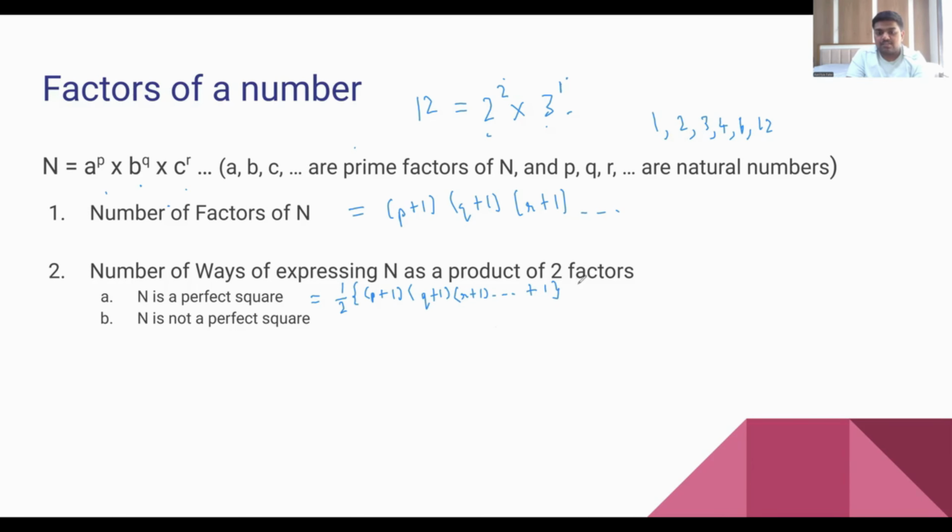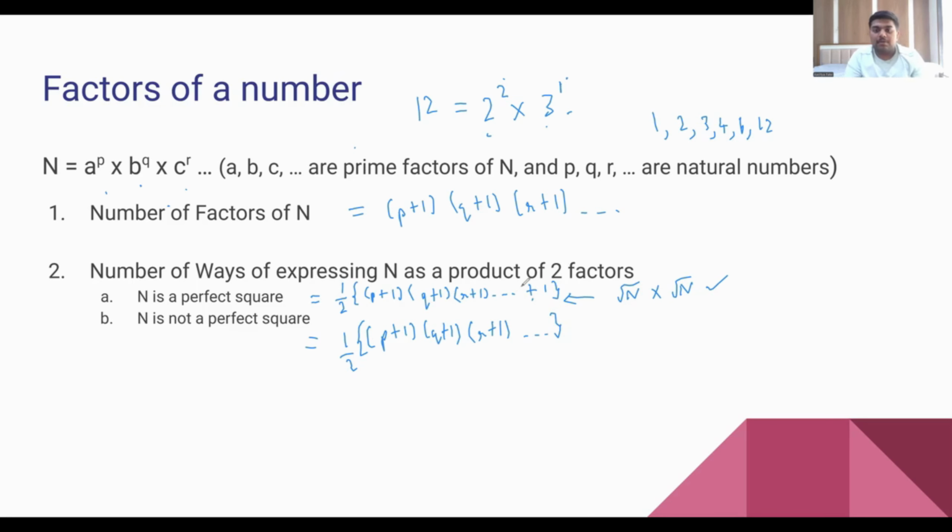And this also includes root n into root n. Okay. So if you had to exclude it, then you would turn the plus into a minus. Now, if n is not a perfect square, then the formula is 1 by 2 of (p plus 1) into (q plus 1) into (r plus 1) and so on.